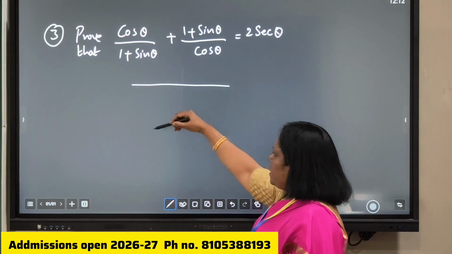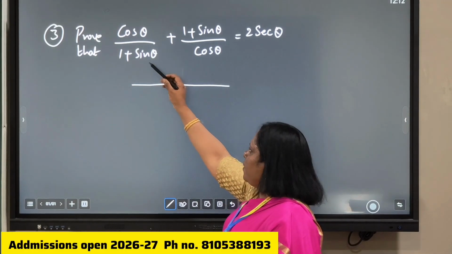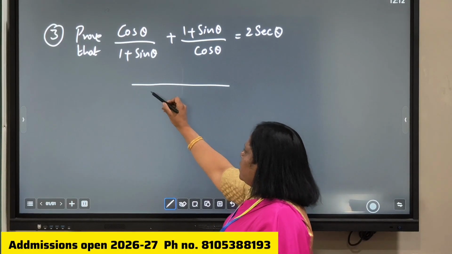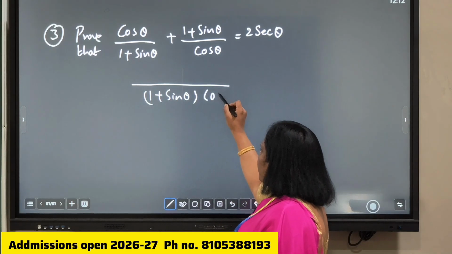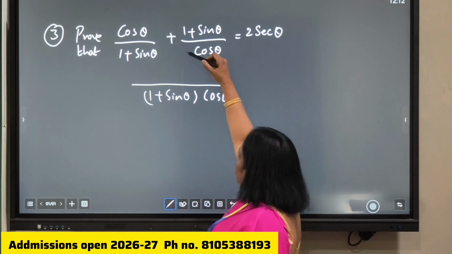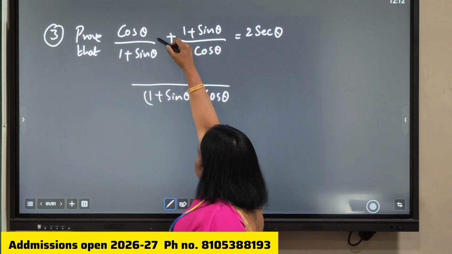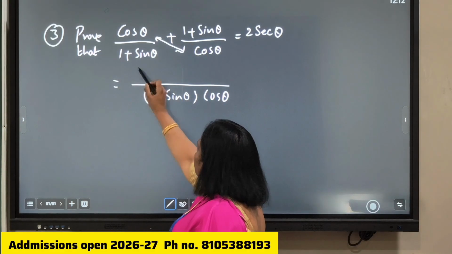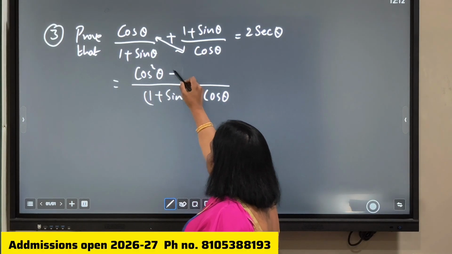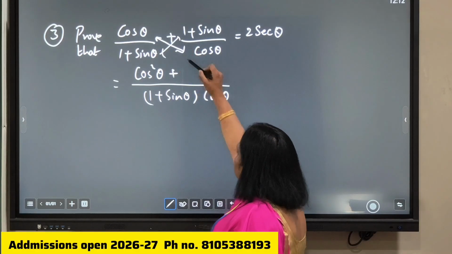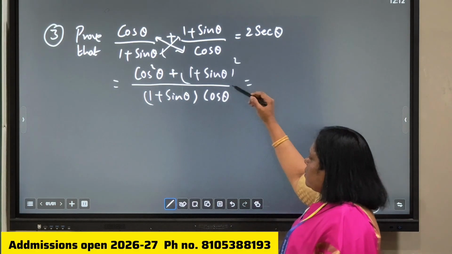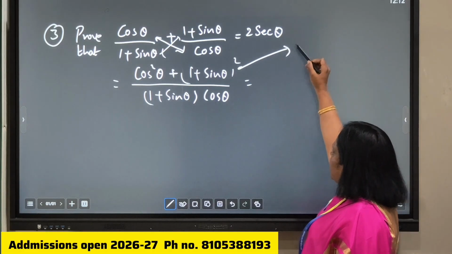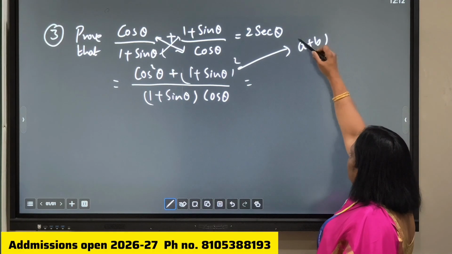We need to take the LCM. When we take the LCM in trigonometry, we need to take both the denominators, 1 plus sine theta into cos theta. And when we take the LCM, we need to take cos theta into cos theta. Cos square theta plus 1 plus sine theta the whole square. So I will expand 1 plus sine theta in a plus b whole square form.